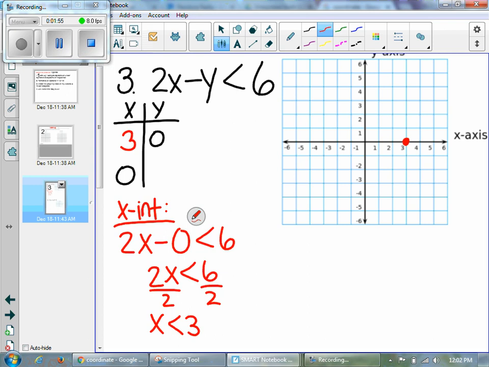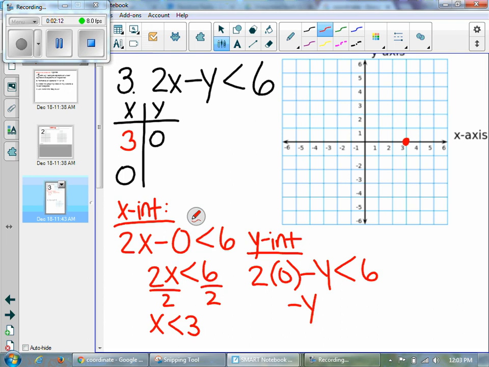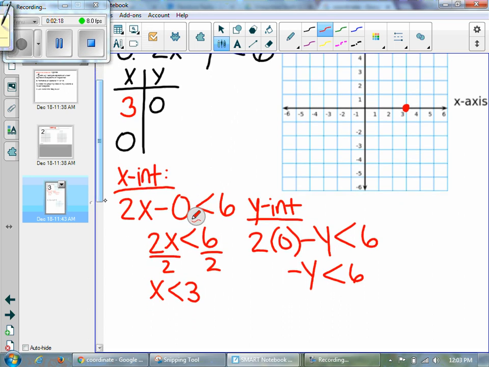Let's solve for the y-intercept. Let's substitute 0 in for x and solve for y. So we have 2 times 0 minus y is less than 6. Well, 2 times 0 is 0. So what we have left is negative y is less than 6. You want y to be positive, so let's divide by a negative 1, and that will eliminate the negative sign.